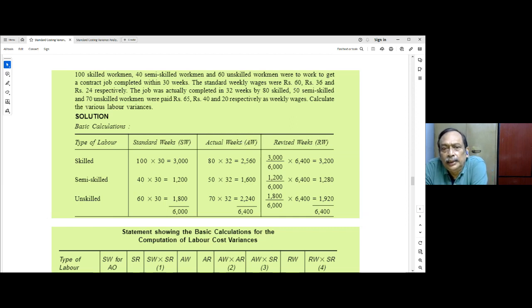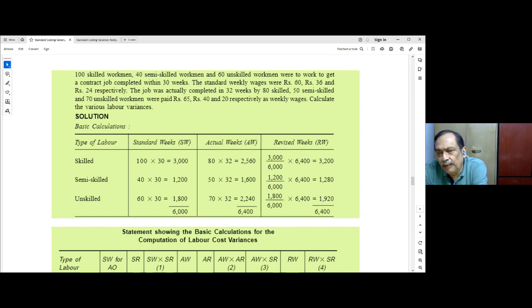Again, taking the information from the problem, we calculate actual weeks, that is AW: 80 into 32, 2,560; 50 into 32, 1,600; 70 into 32, that is 2,240. If we add, we get 6,400 as the actual weeks.